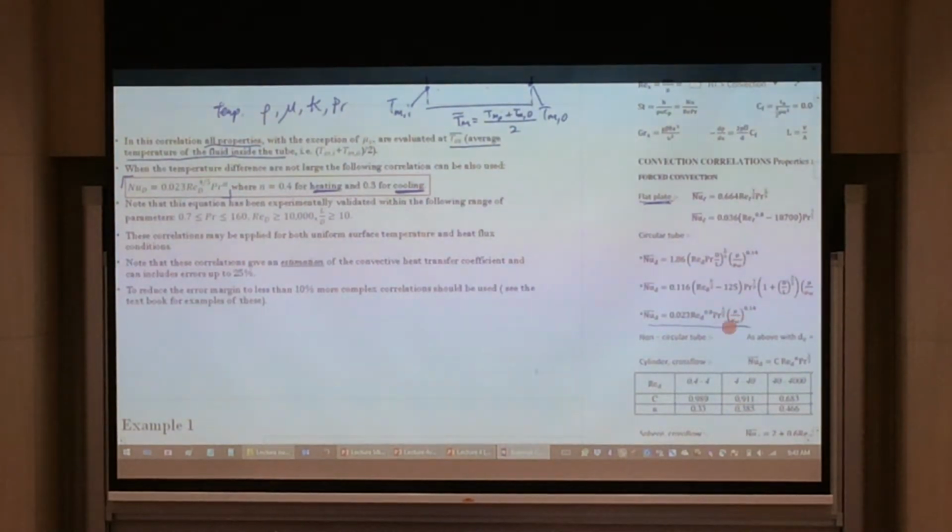This part is missing because there's an assumption in this turbulent flow that your viscosity at any point in your pipe is the same as your viscosity at the wall of your pipe. This is only possible if the temperature difference between the inlet and outlet is not too big. If they are very different, then this term kicks in.